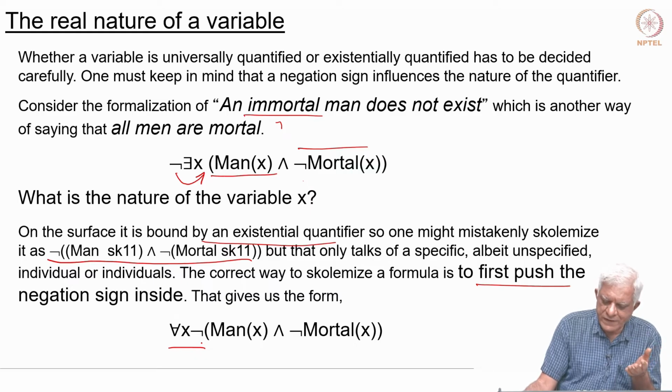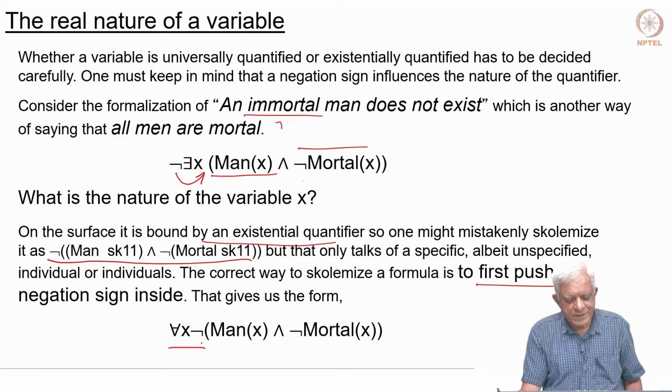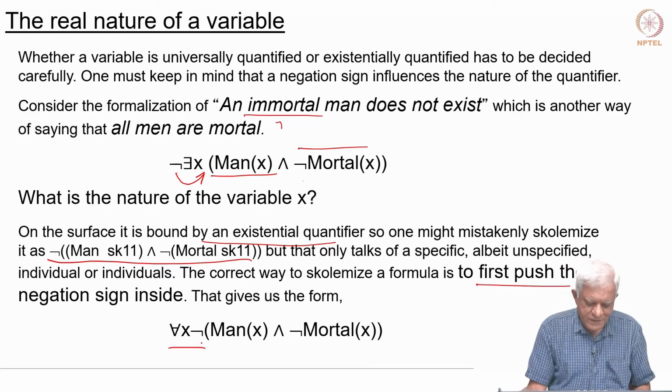You are saying that for every x, it is not true that x is a man and x is not mortal. So, the simple lesson is you must push the negation inside before you decide whether the variable is universal or existential.